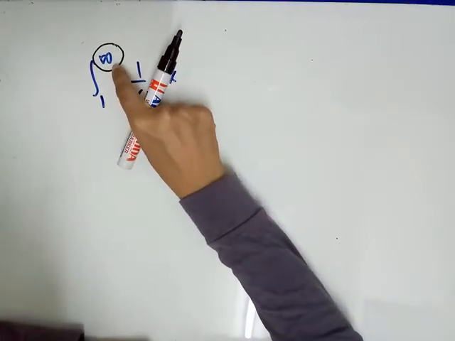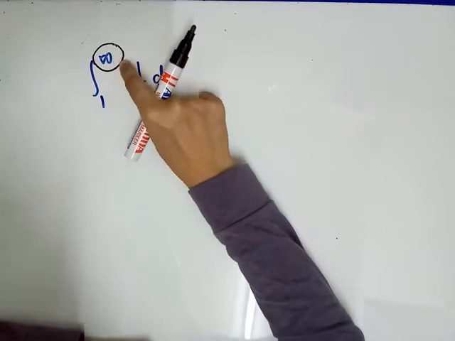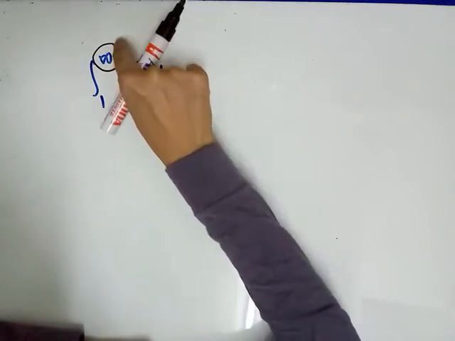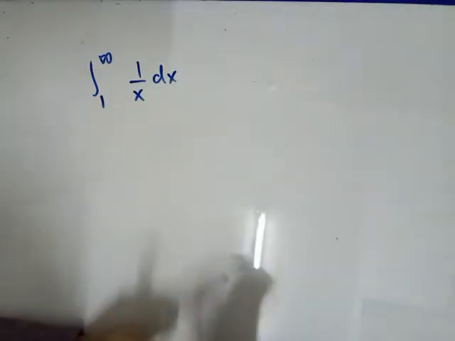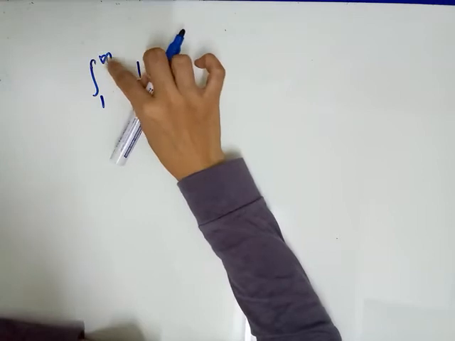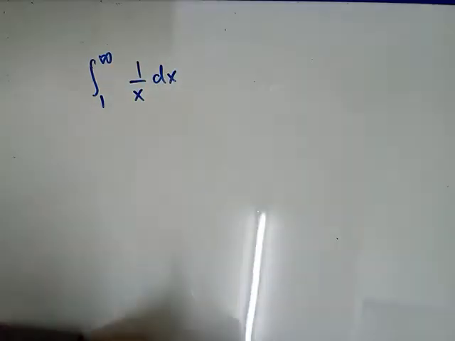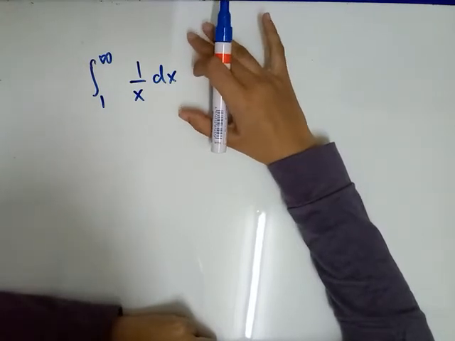Do you understand now? So this is an improper integral because we have an infinity at the upper limit. Okay, so how to evaluate this integral?